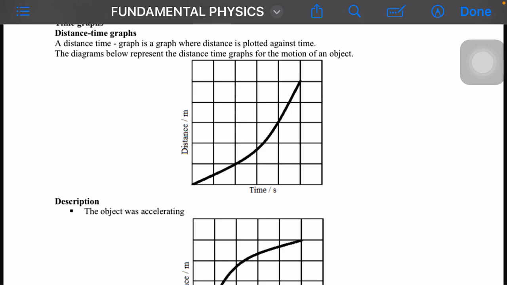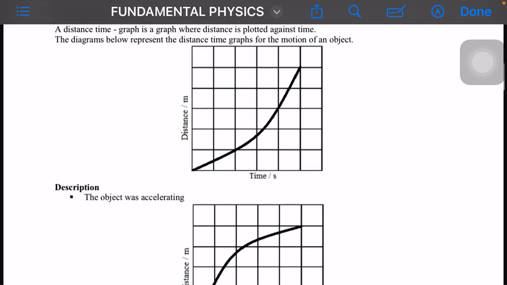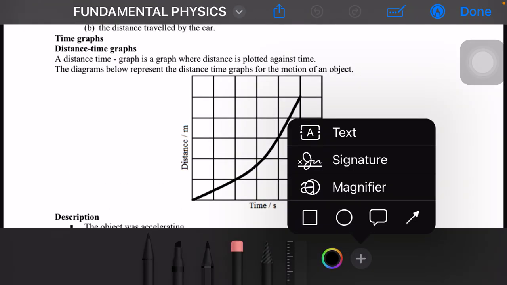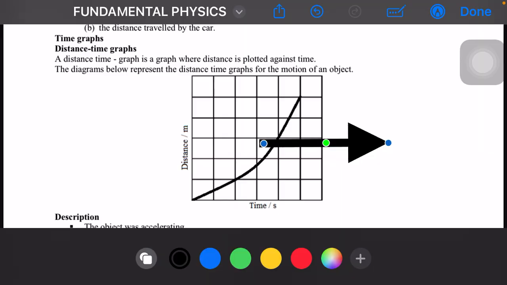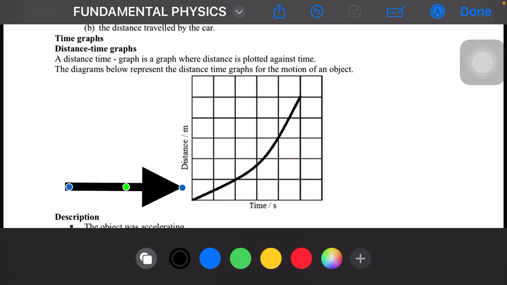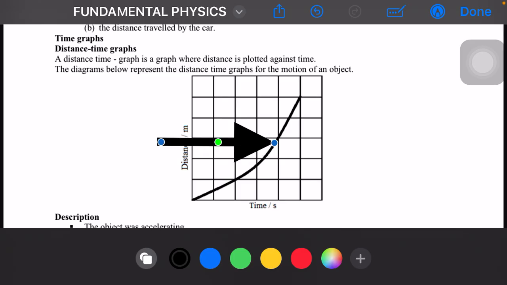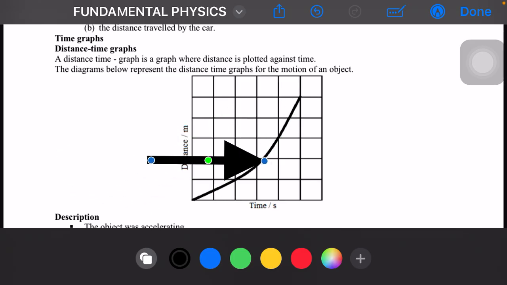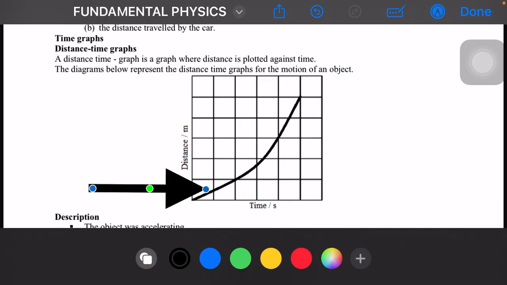The diagrams below represent the distance time graph for the motion of an object. Just by looking at the graph, you need to tell what is going on, what the motion of this object is. Each time you see the object going like this in a distance time graph, just know that the car is accelerating.